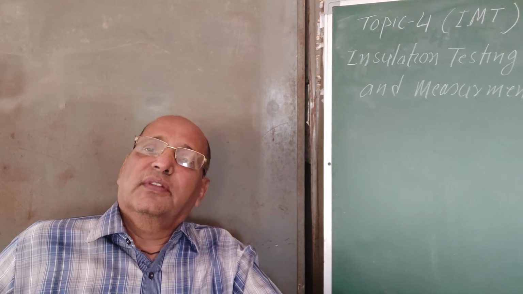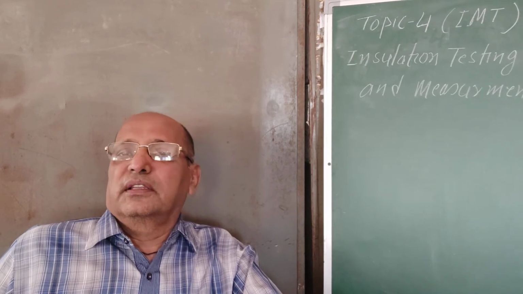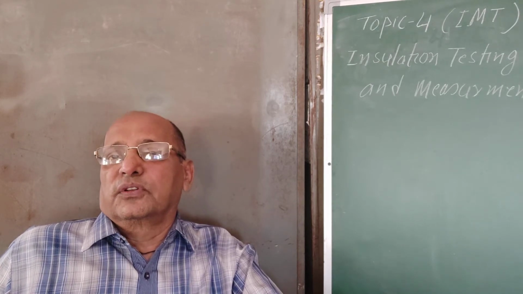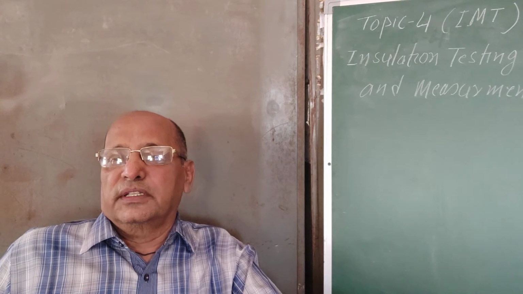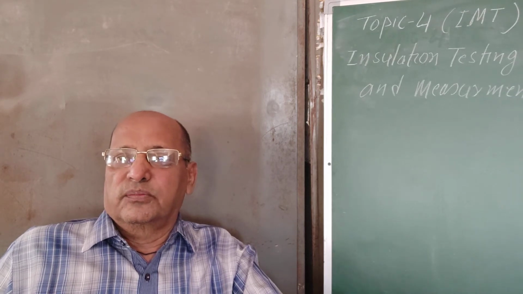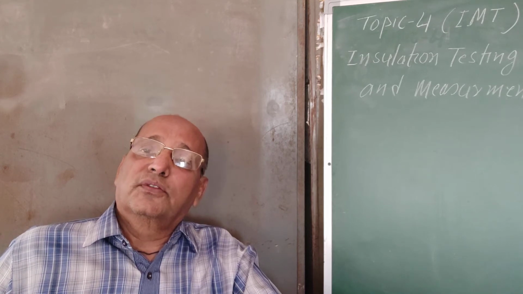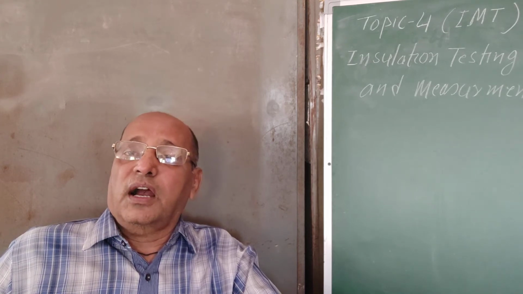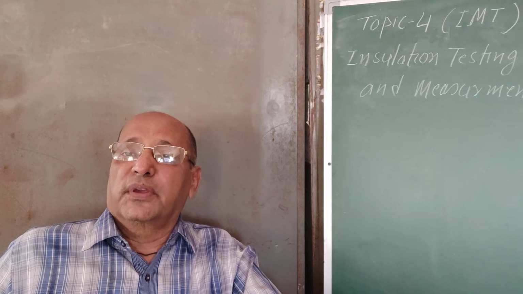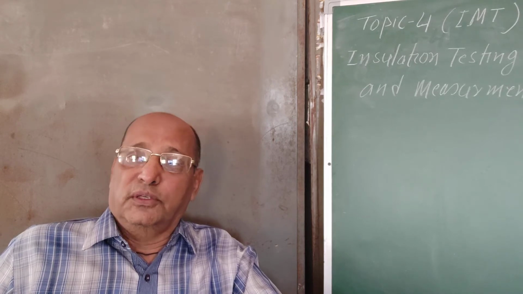Then the third one is if porosity occurs in the insulation. So this is one of the problems of insulating material. Then the fourth one is if the insulation is operated for a higher range of current compared to its rated value.